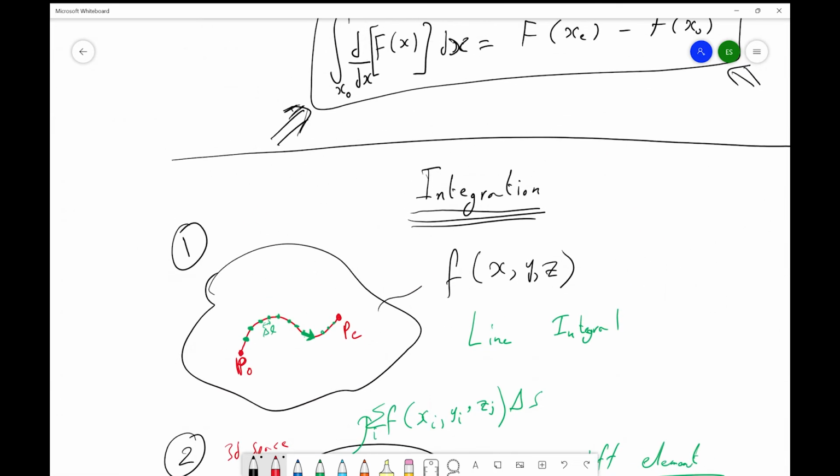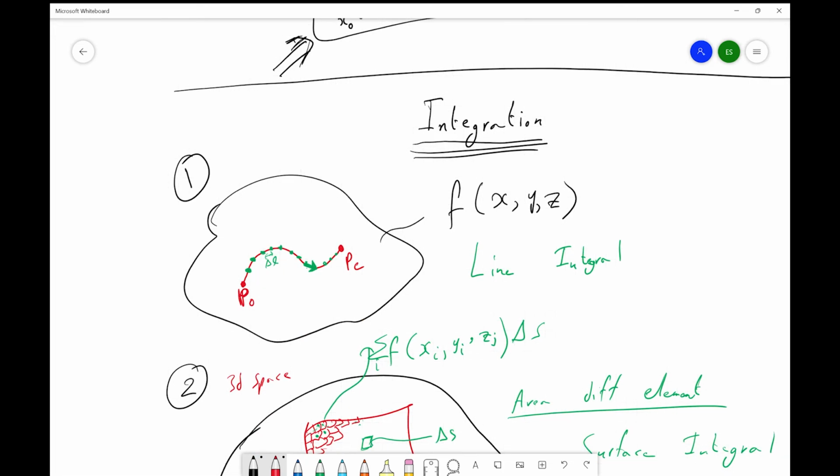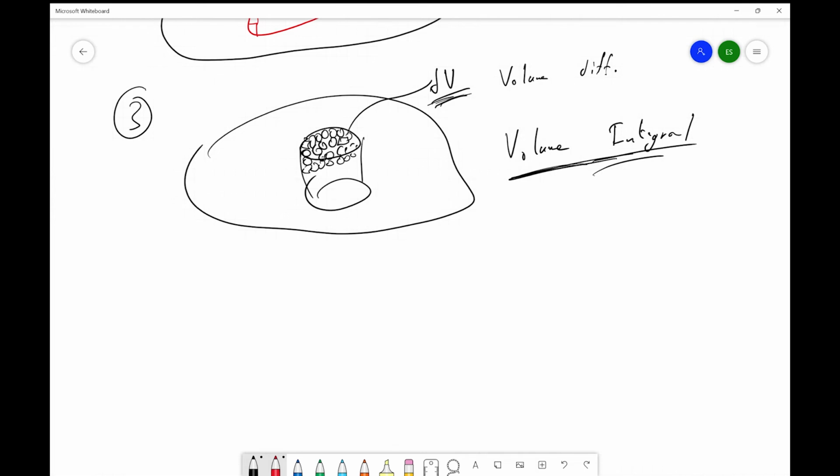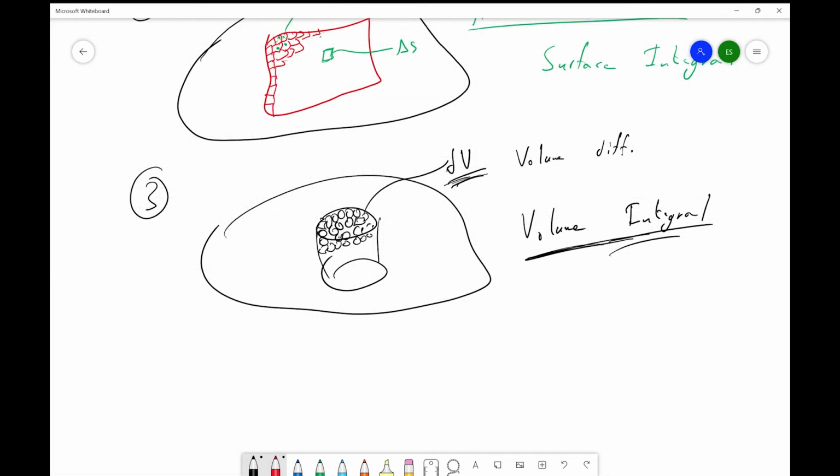For one-dimensional calculus, it's easy. It's just delta x, dx. But for three-dimensional space, it's a little more subtle, because there are three kinds of them: the line elements, or length elements, the surface elements, and the volume elements.